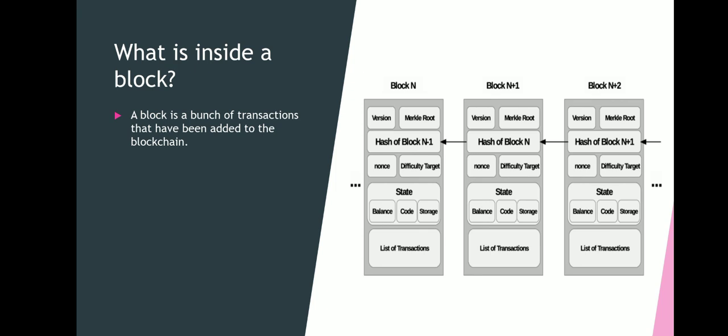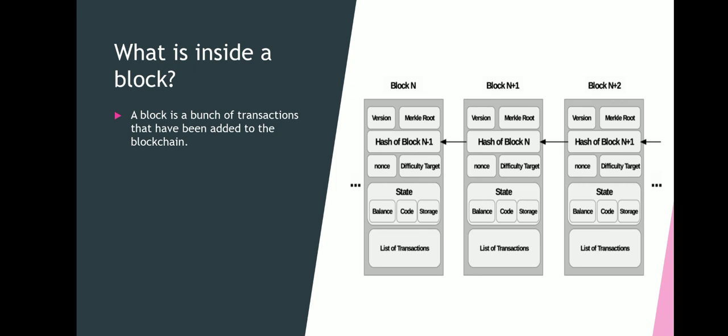Merkle root is nothing but a transaction hash of all the transactions present in that block. Then the hash of block n minus 1 is nothing but the previous hash. We use the previous hash in order to provide the integrity service.